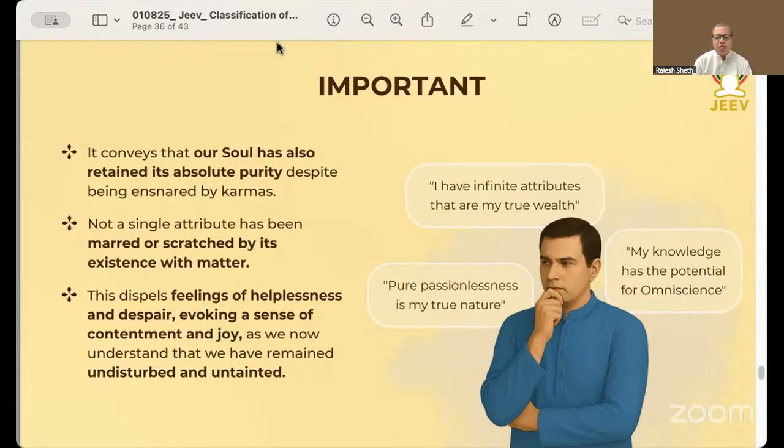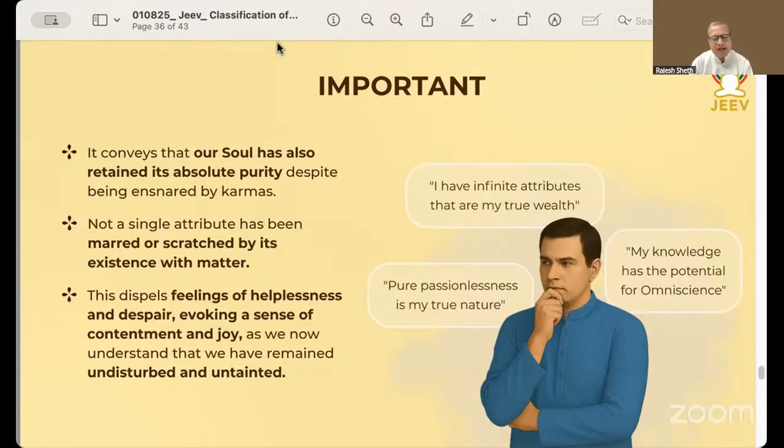The soul as an entity is only a knower. It has no other function. But in spite of that, he has so much wealth, so his confidence, his arrogance, his pride are always there.